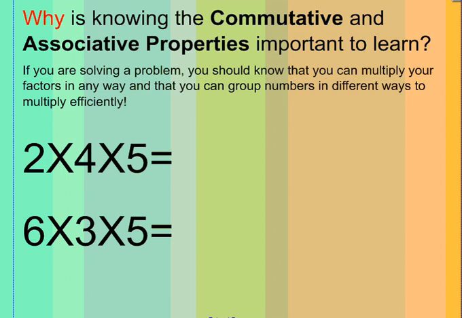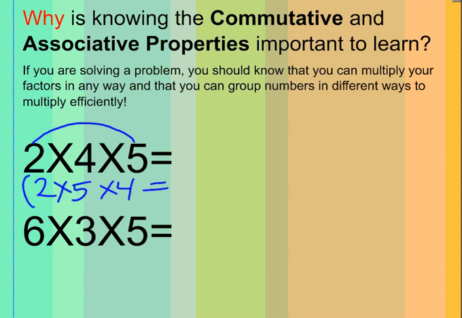So if I look at my first problem right here, and if I have 2 times 4 times 5, if I know the commutative property, I'm going to look at the 2 and the 5, and I'm going to switch these around. Instead of 2 times 4 times 5, I might say 2 times 5 times 4, because I know that I can move my factors around.